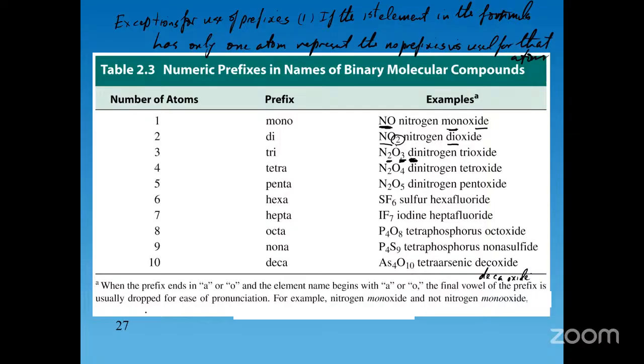Now, there's another exception. Exception 2 to the prefix usage.